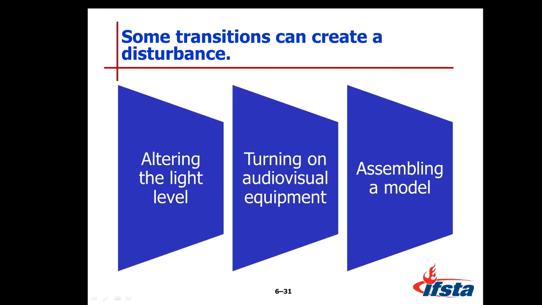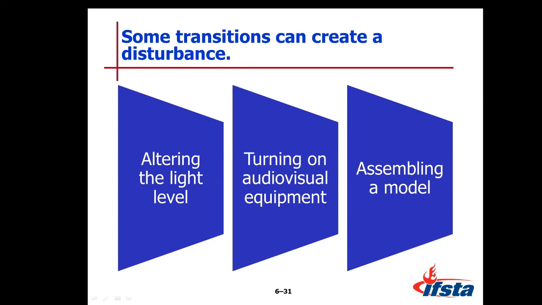Some transitions can cause a disturbance: altering the light level, turning on audio-visual equipment, or assembling a model. So if you've got the lights in the room dimmed so everybody can focus on the projection screen and everything that's on the projector, and you come in and you just flip the lights on, it'll startle some of your students.